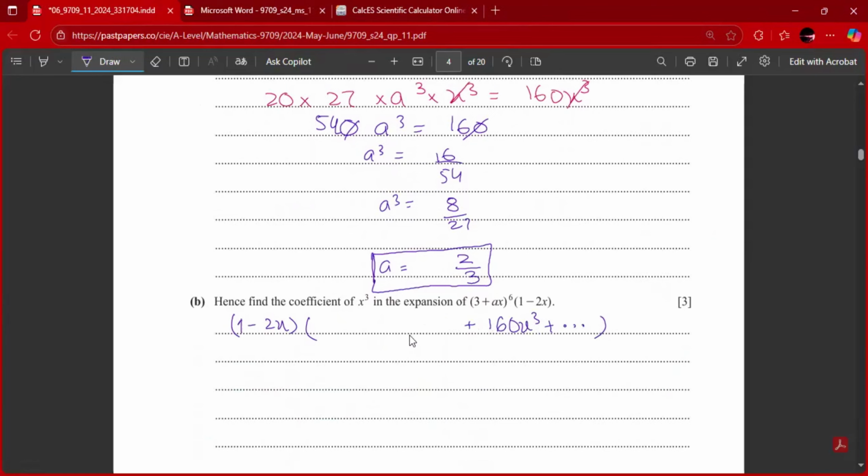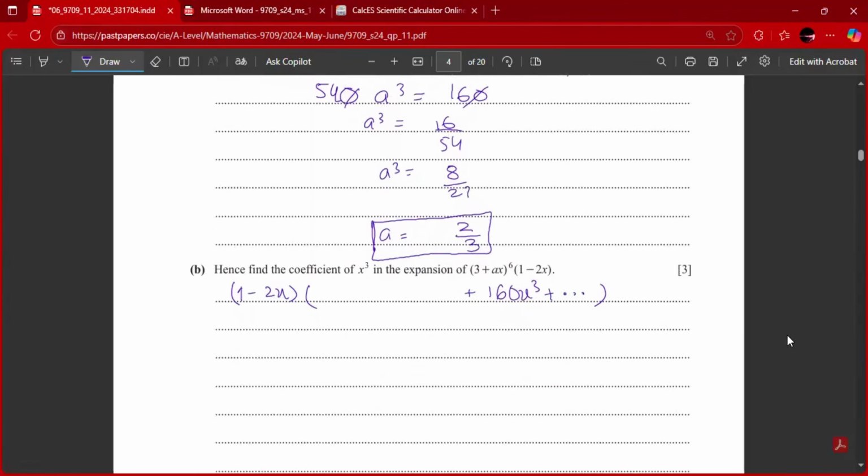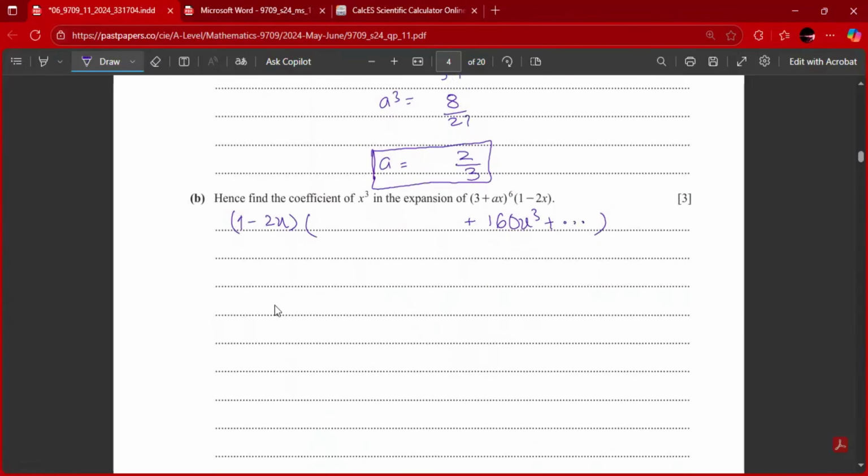And we are supposed to find something here, which is going to be x squared, because if I multiply x with x squared, it gives me an x cubed. So now we're supposed to find the value for x squared. So let me just do it here. 6, 3 to the power of 4, ax to the power of 2. I'll put the value of a in the calculator when I'm doing the final solution.